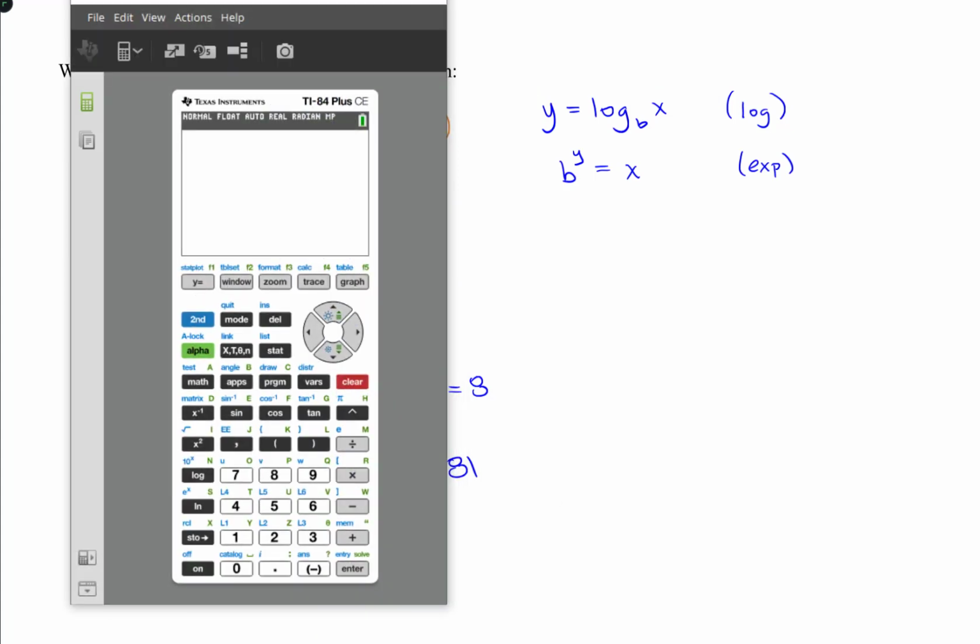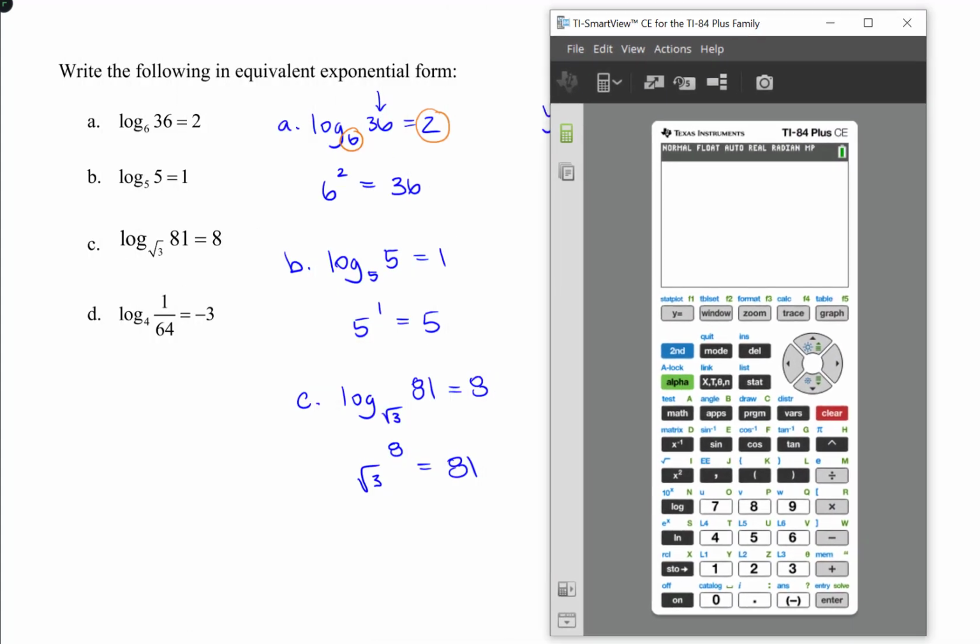I'll just go ahead and bring that up and show you how that could be done. So this would be the square root of 3, so let's put that in parentheses just to be certain the whole square root gets raised. Alright, so square root of 3 raised to the 8th power. And it might look like this should end up being some number with a long decimal that never repeats, but as we can see here, it does in fact equal 81.